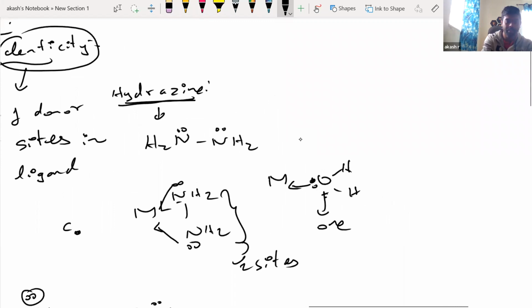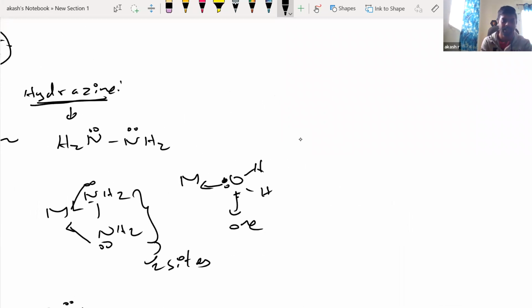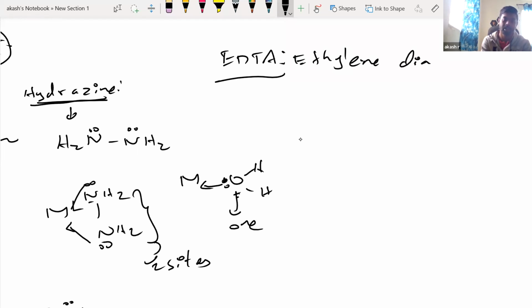Say there can be another case like this. There is a ligand called EDTA. It is called ethylene diamine tetra acetate.